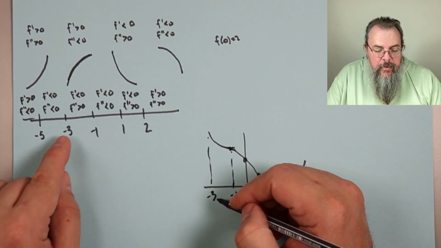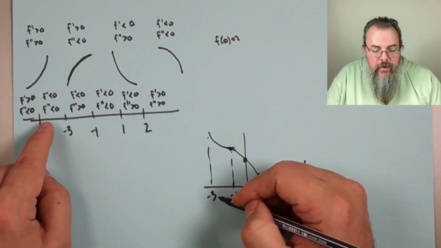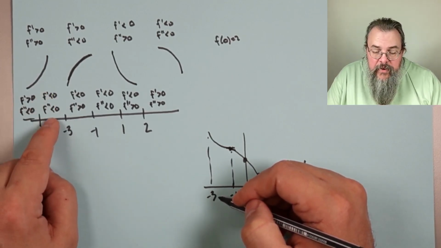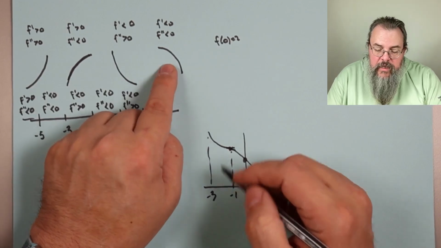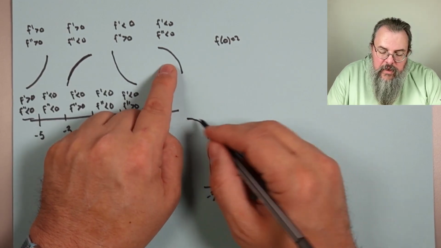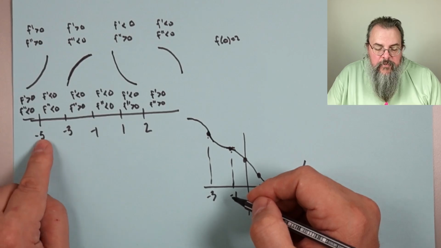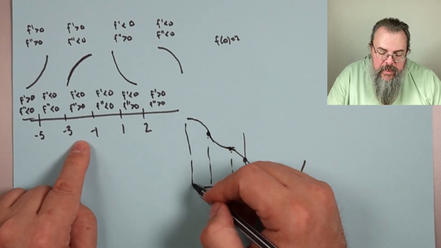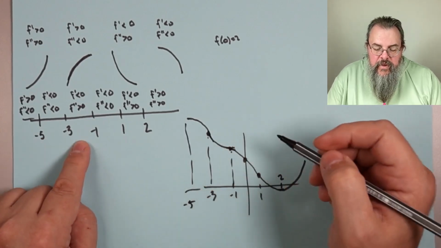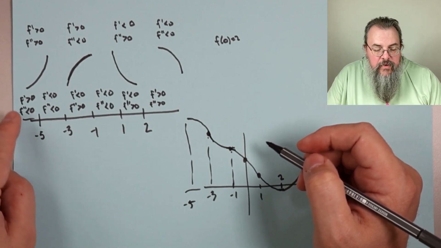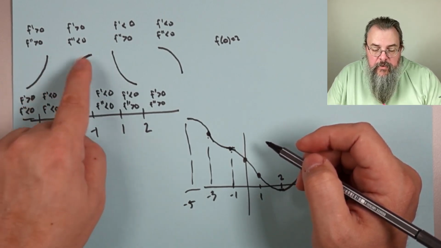And what happens at negative 3? Well, both are negative, so we're looking like this, and we have this inflection point. Then below that, here we are at negative 5. We see f prime is positive, but f double prime is negative, so we're like this.